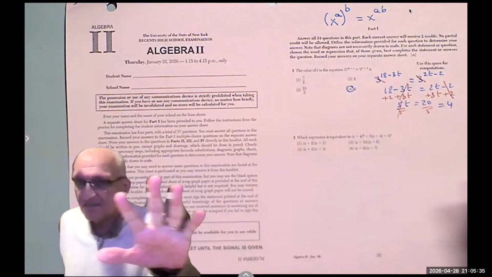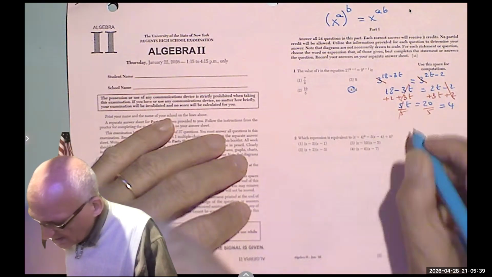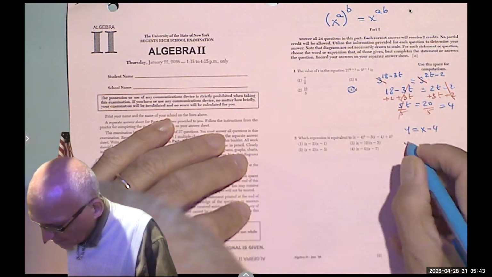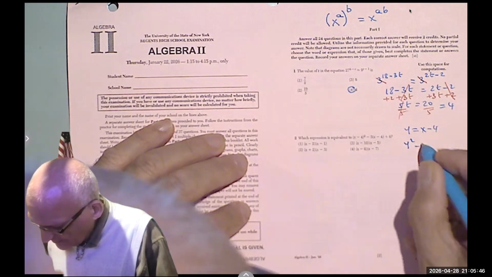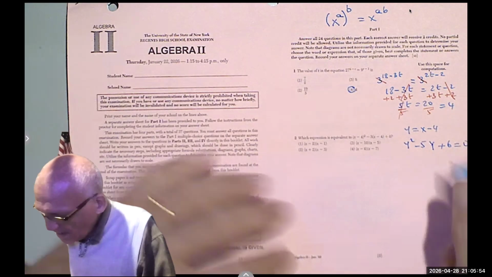If you don't see it, say let y be equal to x minus 4. So x minus 4 squared becomes y squared, minus 5 times x minus 4 becomes minus 5y, plus 6. And now we have a very reasonable quadratic.